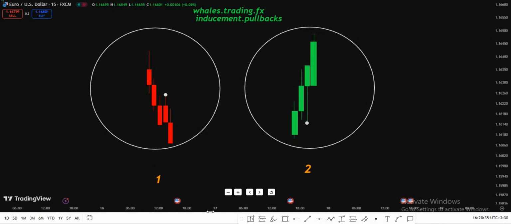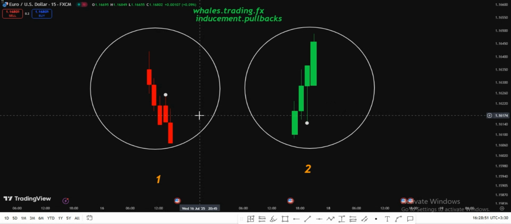A valid pullback should consist of a candle that hunts the previous candle's low or high, like this. As you can see, this candle hunts the previous candle high.